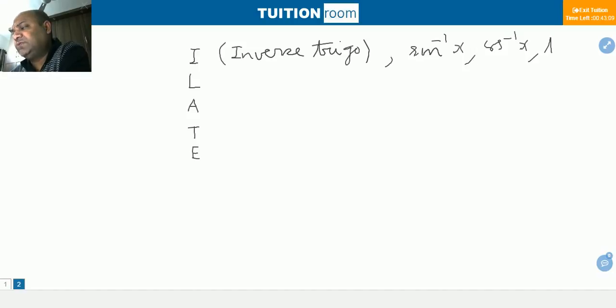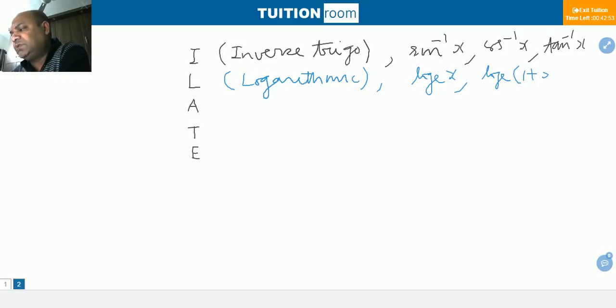That is tan x, sin x, cos x, etc. And lastly, E is exponential functions, such as e raised to power x, 2 raised to power x, 3 raised to power x.